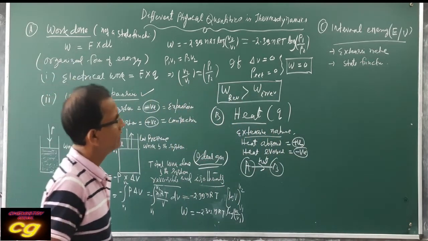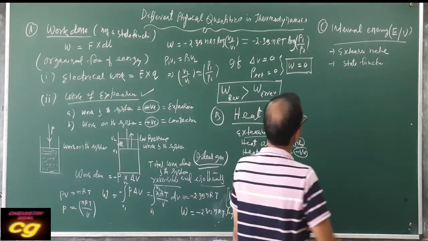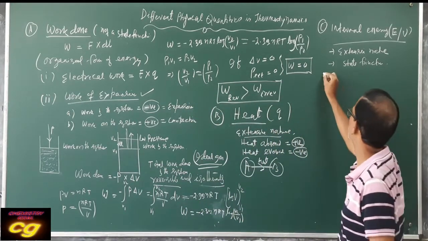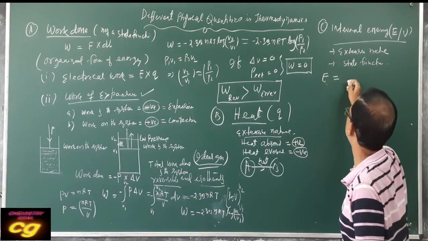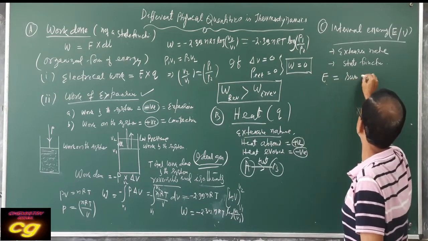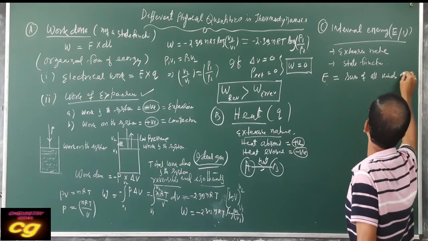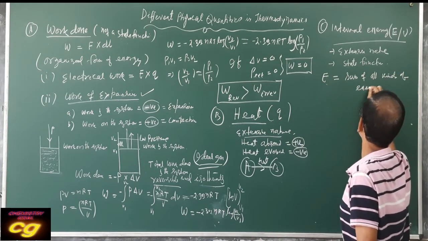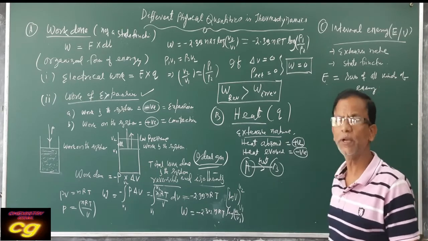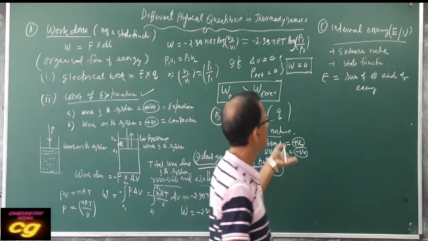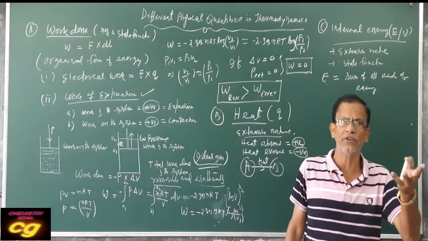The internal energy E of a particular system is the sum of all kinds of energy. It possesses vibrational energy, rotational energy, potential energy, kinetic energy.